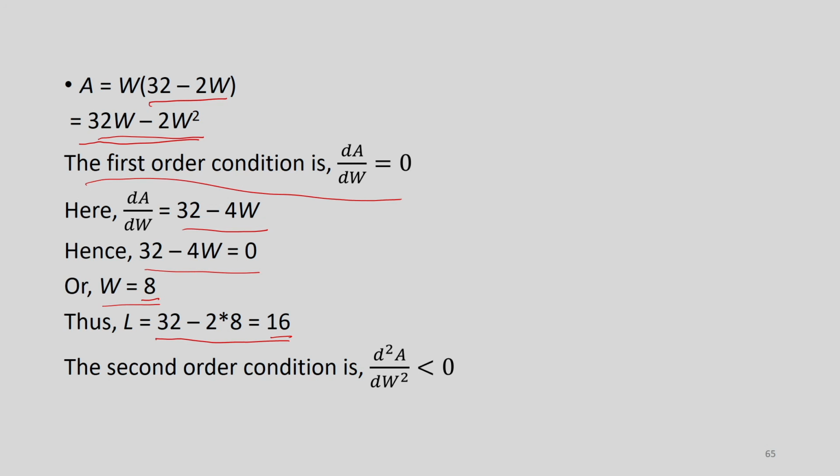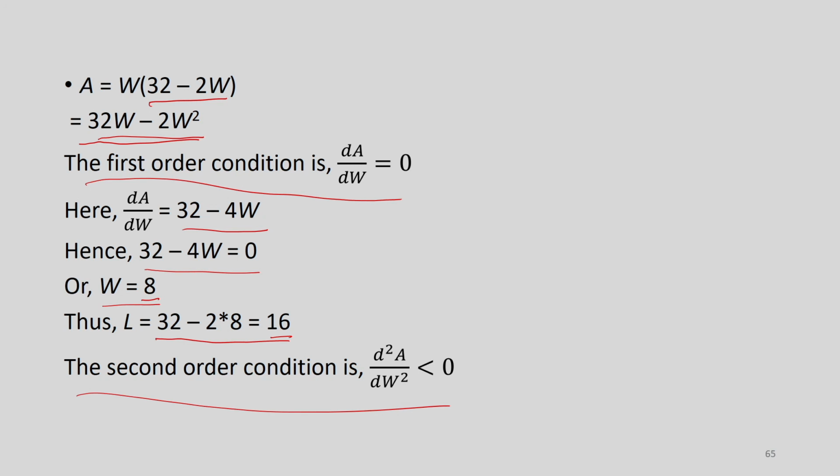However, this is just the stationary point. We have not checked the second order condition. That is important because if we do not do so, it might happen that the solution we have got could give us the minimum point, or it can give me an inflection point.